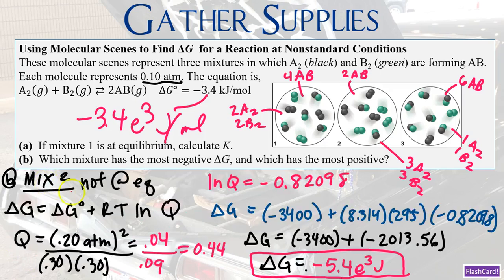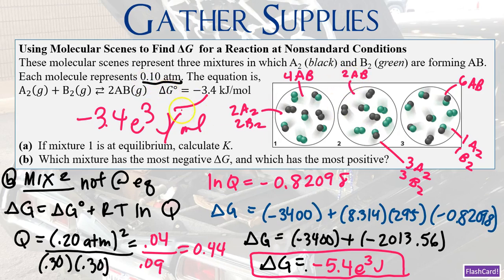All right, so for mixture 2, we are not at equilibrium. Therefore, our expression will be delta G is equal to delta G naught plus RT natural log of Q. So to get our Q value, we're going to look at mixture number 2. We have 2 AB, 3 A2 molecules and 3 B2 molecules. Remember, we're taking each of these numbers and multiplying by what's given, 0.10 atmosphere.